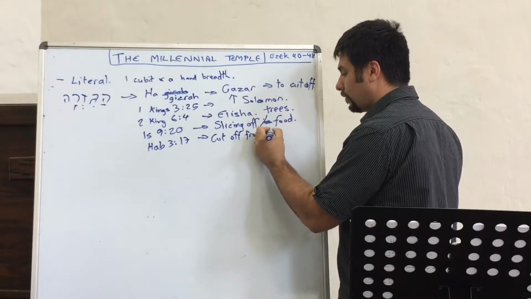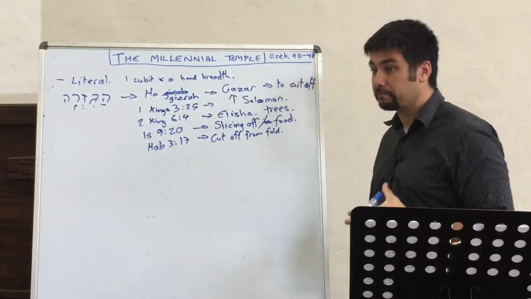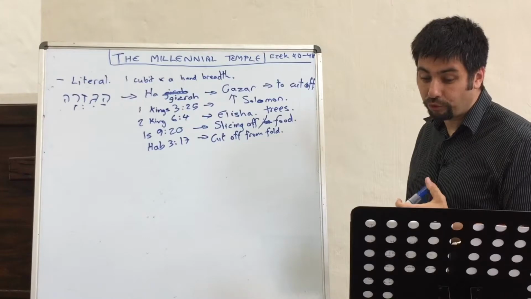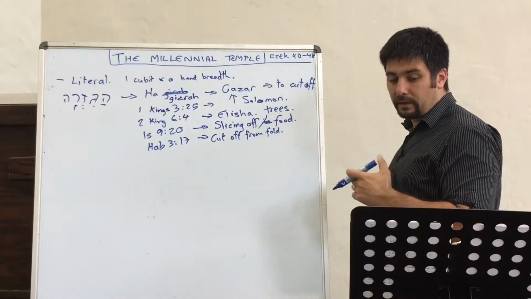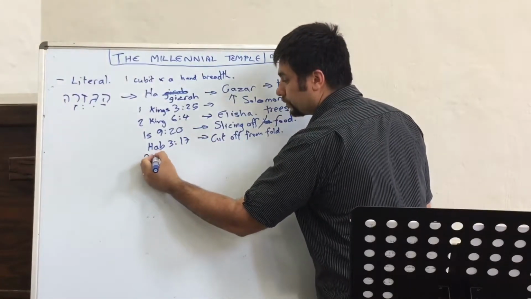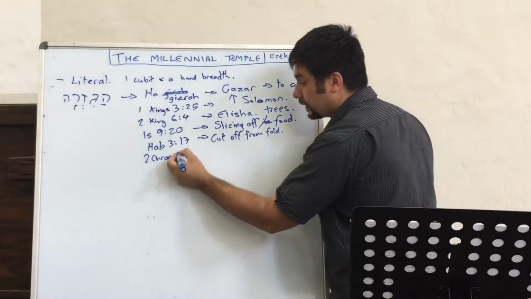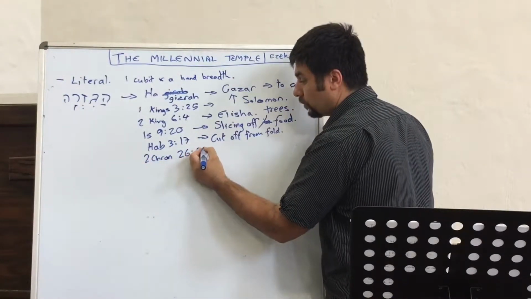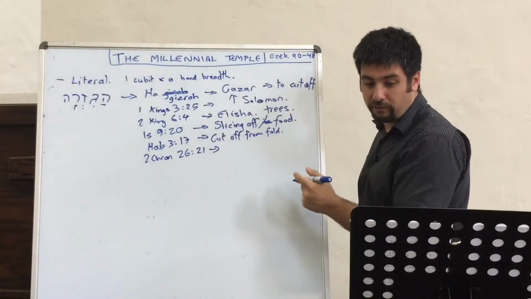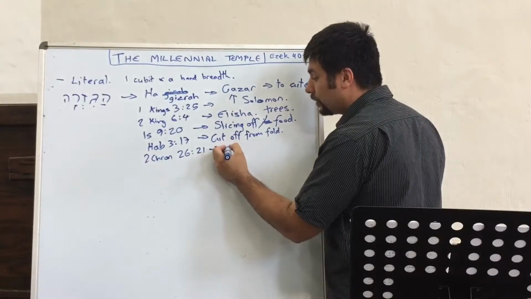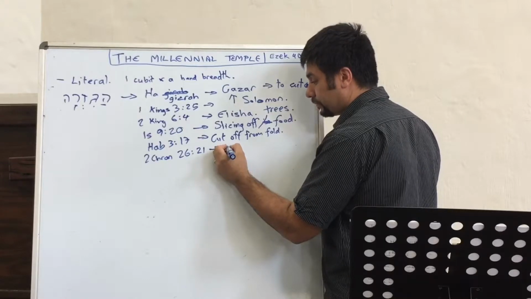And that same word is being used all the time, or the same root is being used. 2 Chronicles chapter 26 verse 21 speaks of being separate, excluded, cut off from the temple.